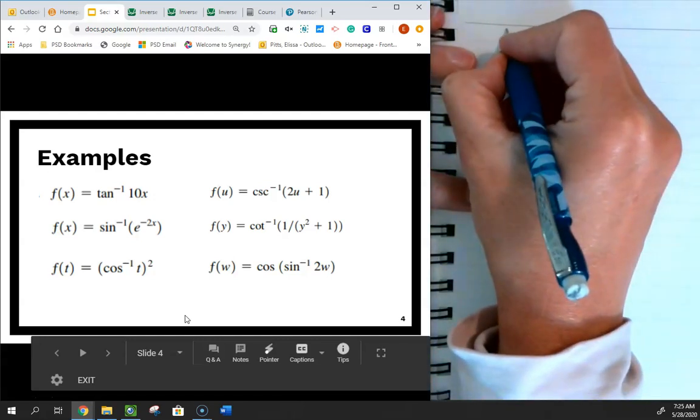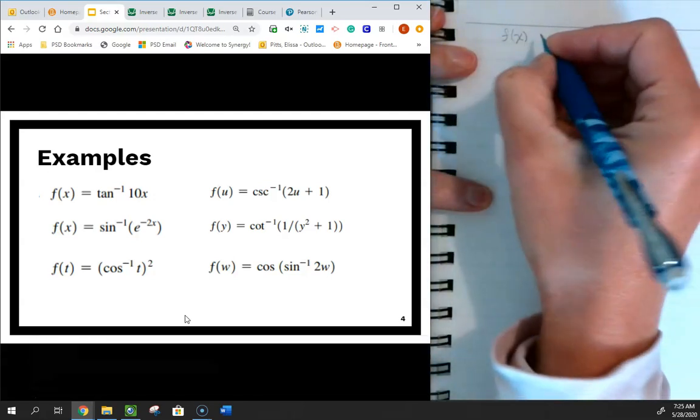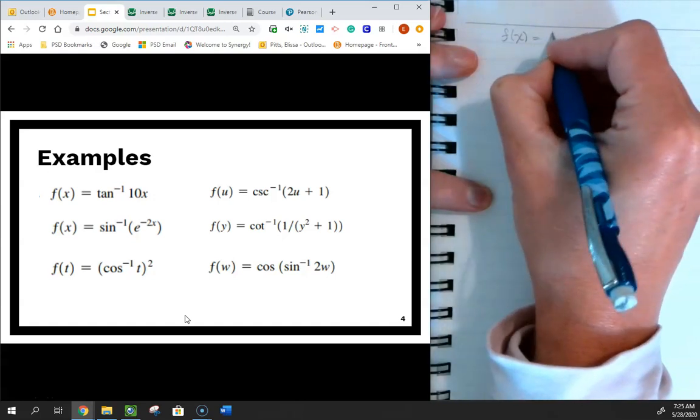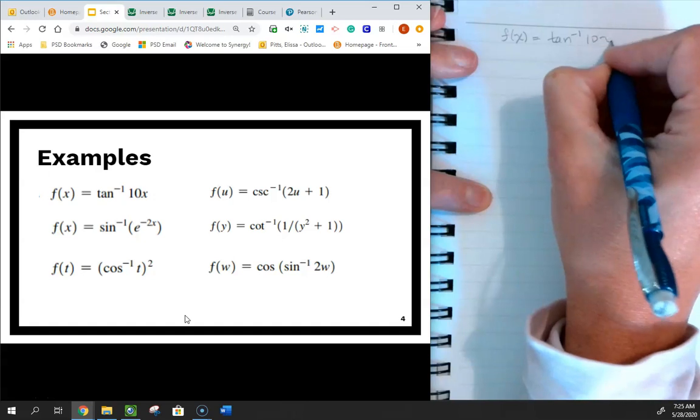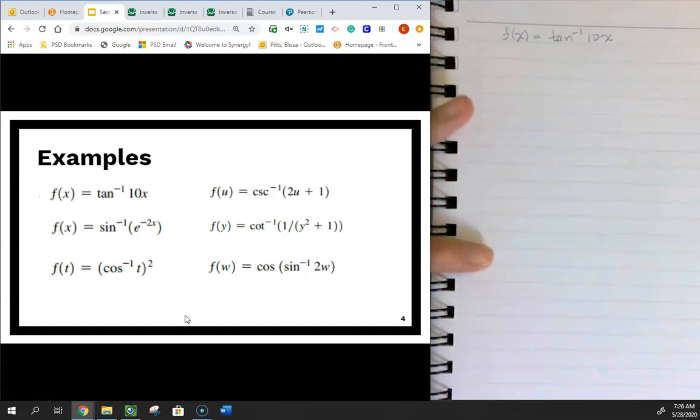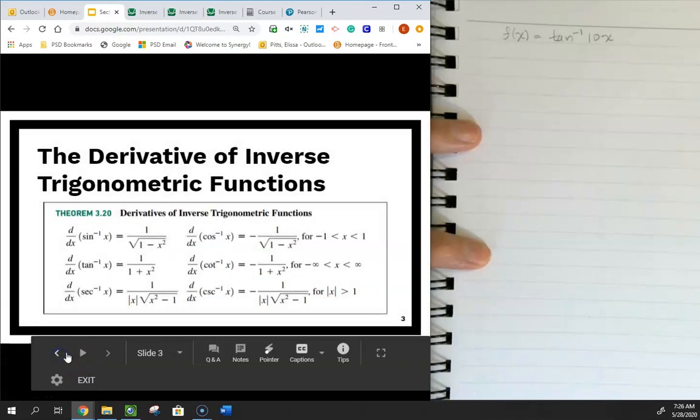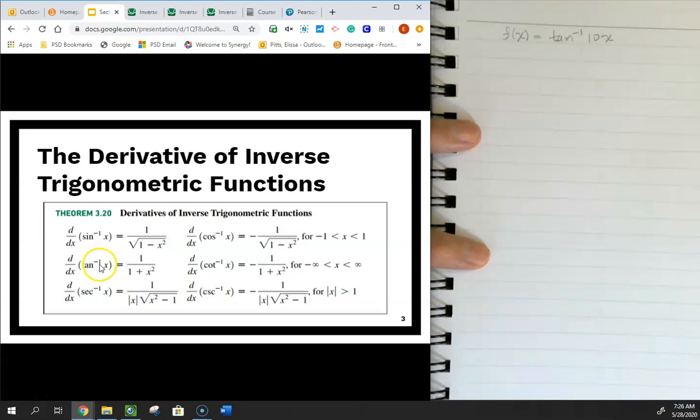First one is f of x is equal to the inverse tangent of 10x, and we want to find the derivative of that. So let's go back a slide. The derivative of the inverse tangent of x is 1 over 1 plus x squared.